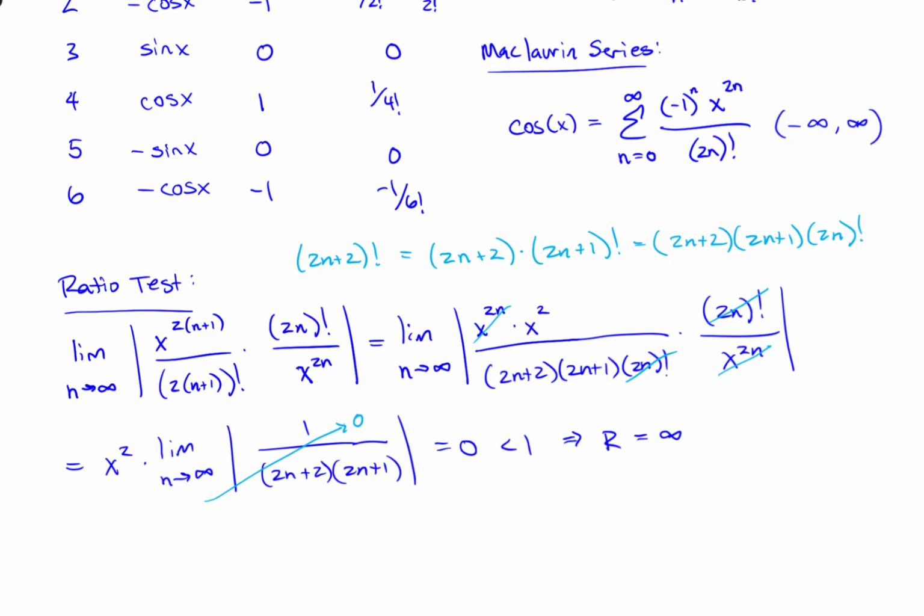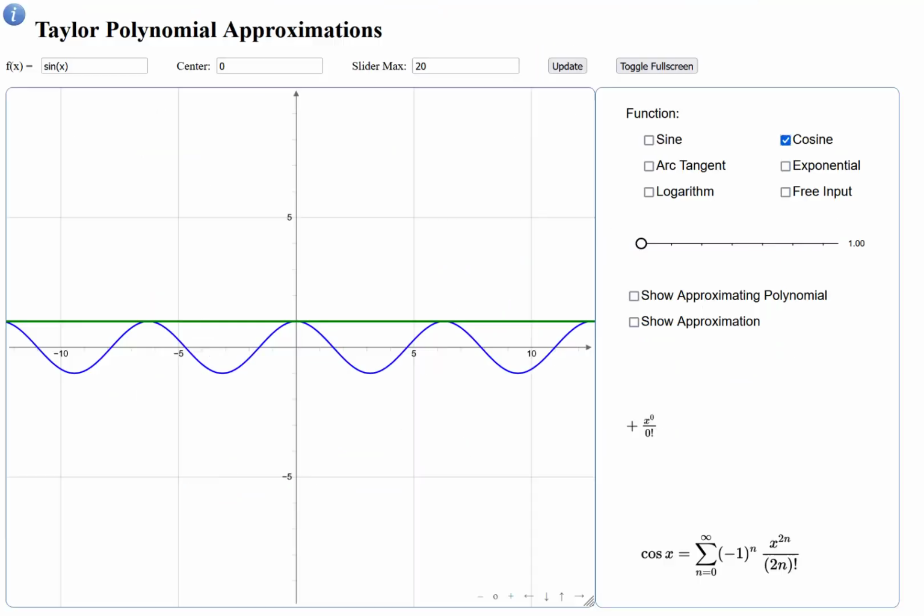So in the previous two examples we did, arctangent and the natural log, those converged only on a small range. So let's take a look at this and see what happens and just confirm visually what a function that converges for all numbers looks like. Okay, so here is my setup for cosine.